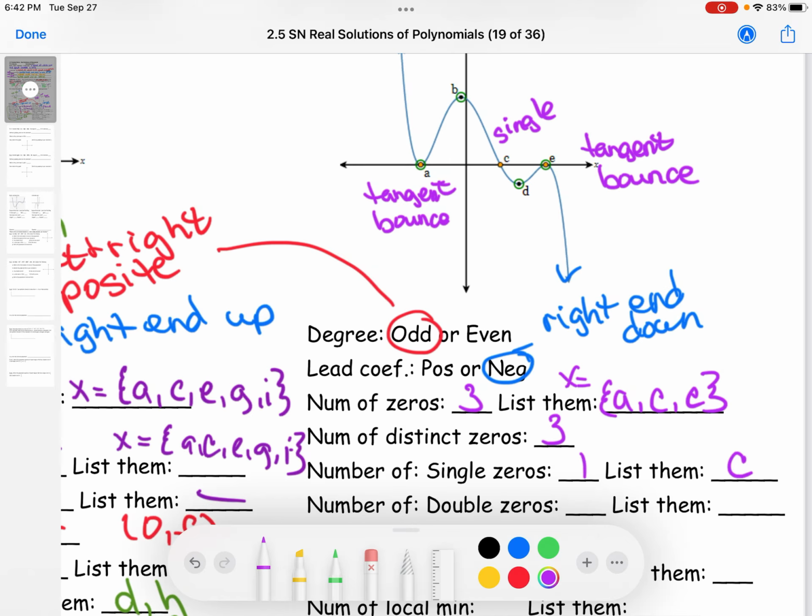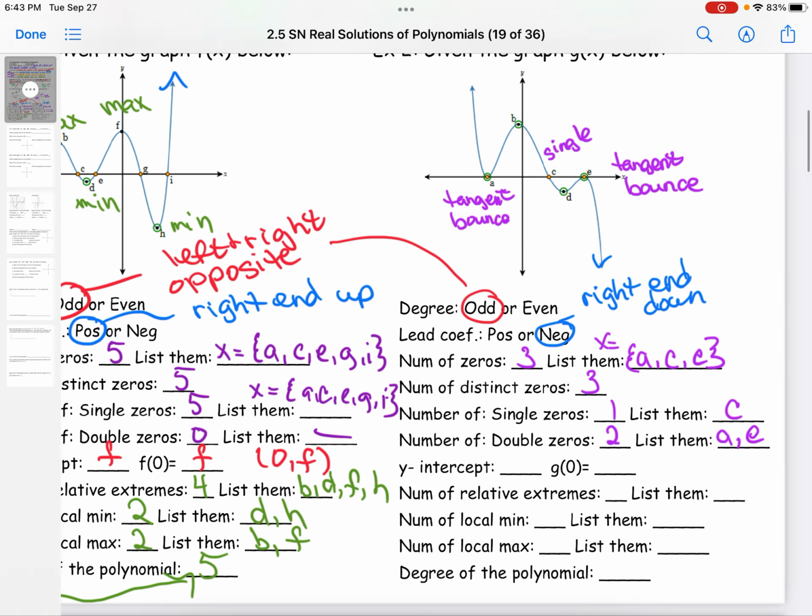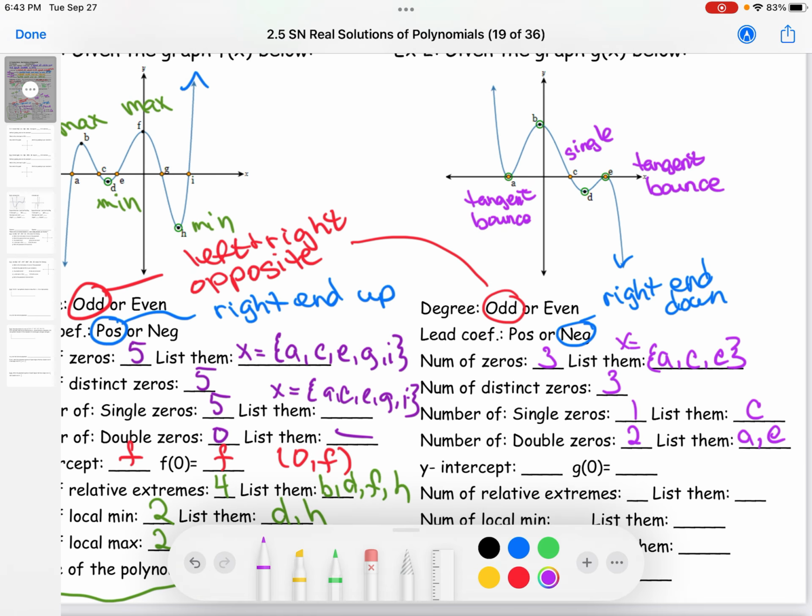The number of single zeros is 1, that is just point C. There are 2 double zeros, and those are at A and at E. A and E have double zeros. The y-intercept would be here at point B, so G of 0 equals B.